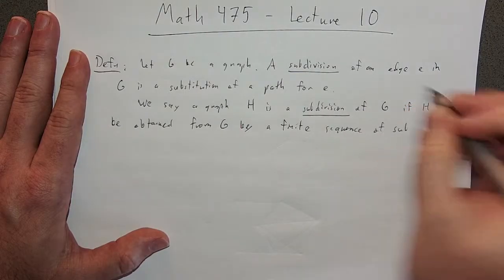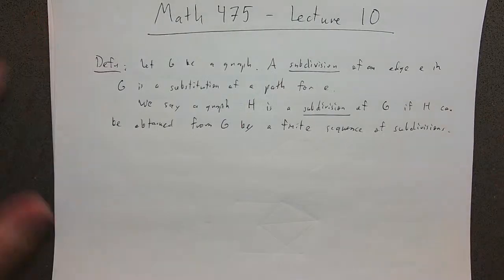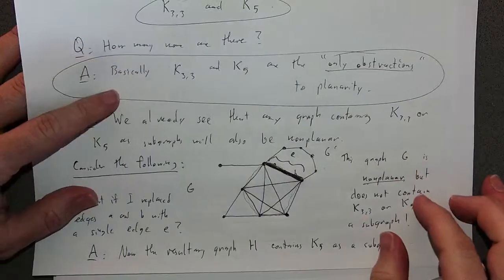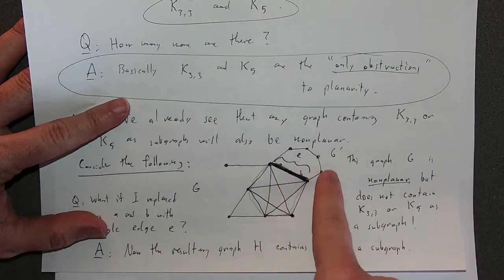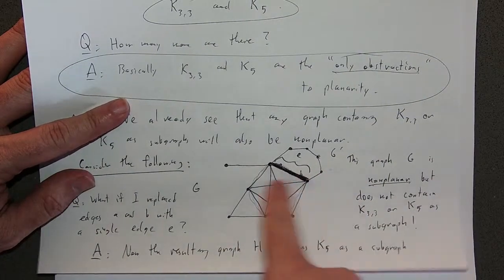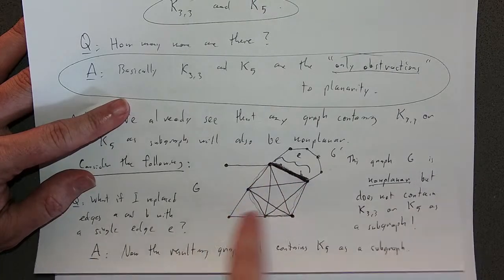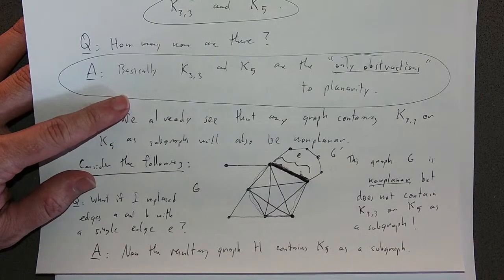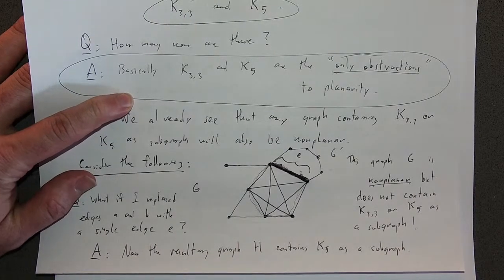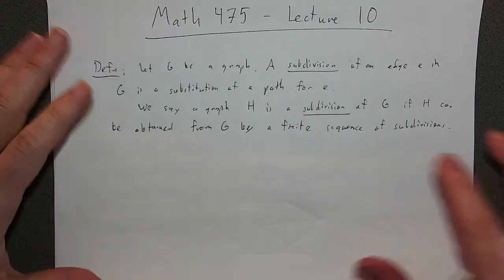I'm going to draw a new example in a second, and I'm not going to reuse this one, because if I draw any more here, it's going to be incomprehensible. But the idea is that we don't just have to focus on this happening to a single edge to call this a subdivision. We could have done this to multiple edges at the same time, and it would still be a subdivision, because this is saying that if we can do this with a finite sequence of subdivisions, then this is the case.